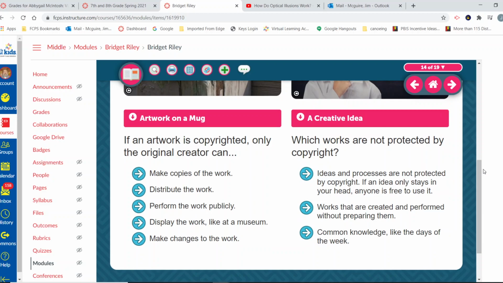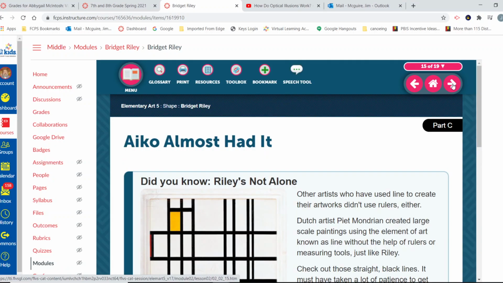If you haven't actually done it, you're just thinking about it, that thought is not protected. Works that are created and performed without preparing them first, those instant performance pieces, are not copyrighted. Common knowledge, things that everybody knows or should know, the days, the weeks, the date, the names of the months, those things are not protected.